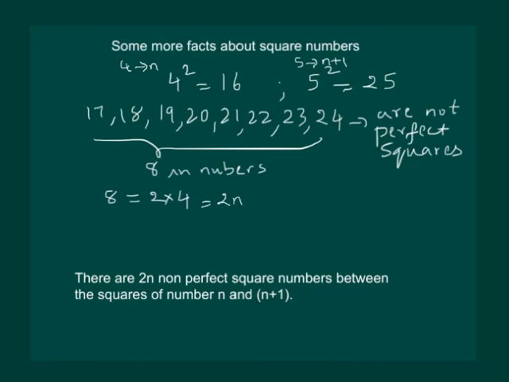And now we are in a position to state that there are 2n non-perfect square numbers between the square of the number n and n plus 1. We have taken the square of number n, that is 4 square, and n plus 1 is 5, so 5 square, and the non-perfect square numbers between them is 8, which is equal to 2 times n.